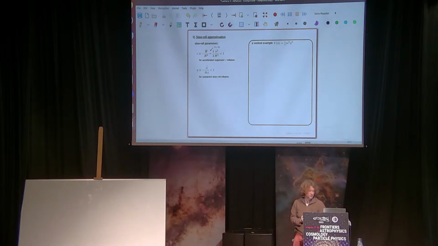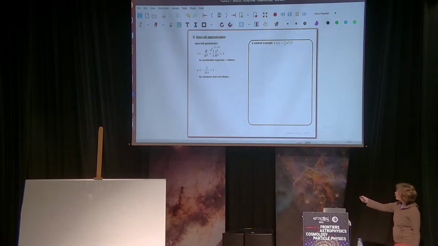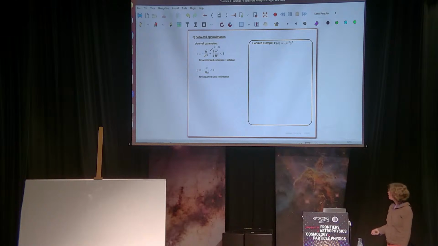So epsilon is introduced as H dot over H squared, which you can rewrite as phi dot squared over H squared, using the equation of motion for the scalar field, or the energy density for the scalar field, and using the Friedmann equations.